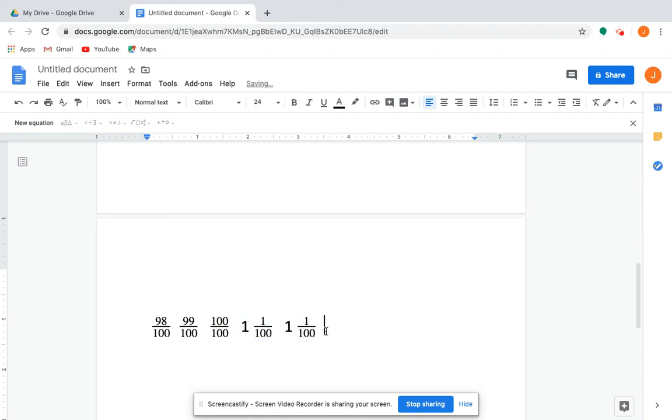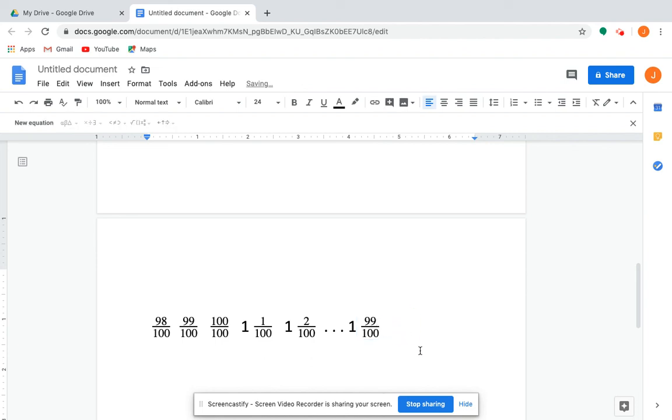And then if we kept counting, eventually it would be 1 and 2 hundredths. If we kept adding all those hundredths till we got to 1 and 99 hundredths, imagine we started at 1 and 0 hundredths as a mixed number and kept adding a hundredth every time.